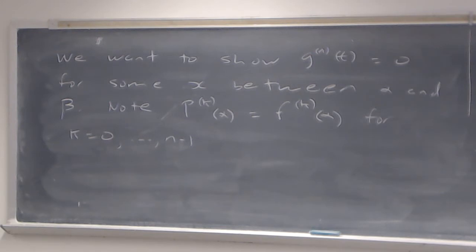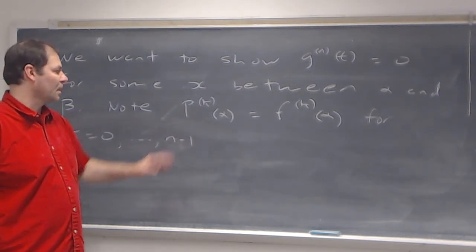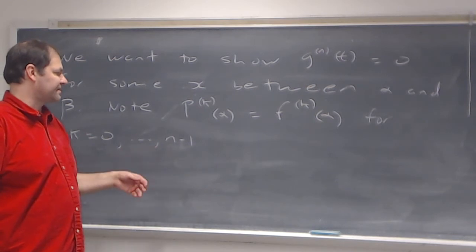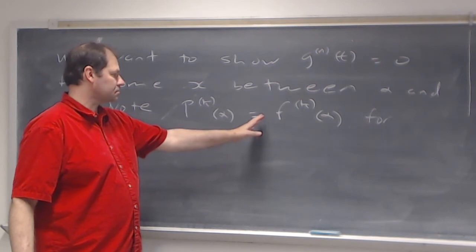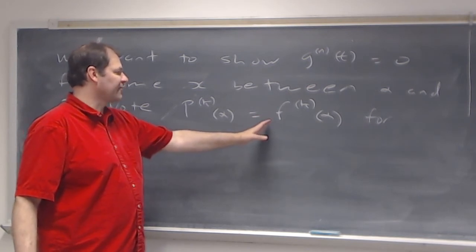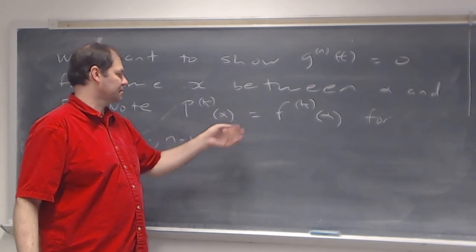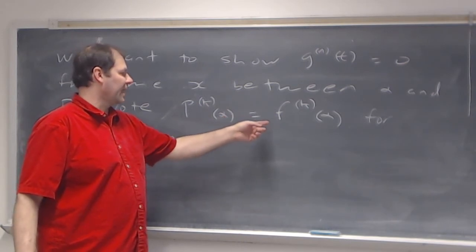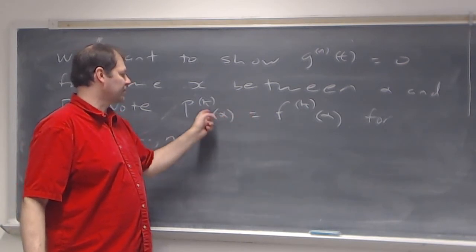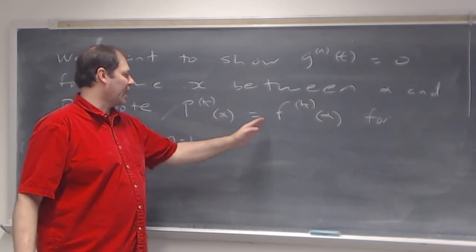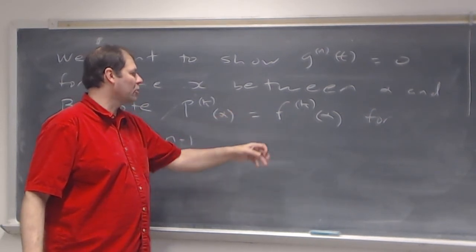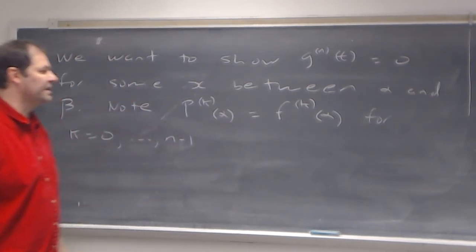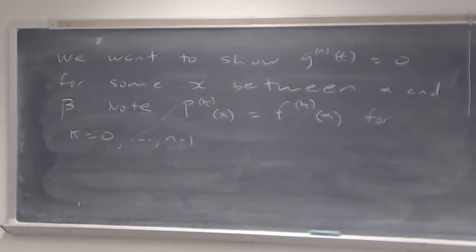And what will happen is when you take the derivative of p of t successive times, there will be a t minus alpha part to almost every term except the first term for that kth derivative. And so for everything but the first term of this kth derivative of p, you'll have a t minus alpha part being multiplied as a factor. So when you evaluate that at t equal to alpha, all of them will go away except the first term, and the first term is the kth derivative of f evaluated at alpha.